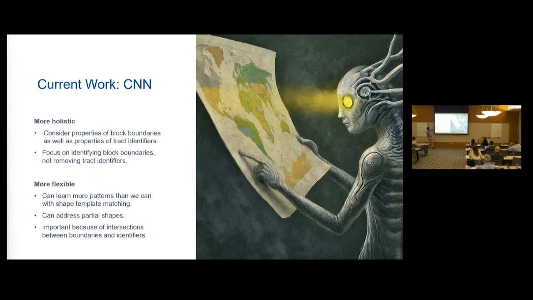It can learn more patterns that we can't really recognize, and I think that's one of the key virtues here. And of course, it's also more holistic, right? Because we're going to be able to teach the model not only what is a block shape, but also what are tract identifiers and so on and so forth.